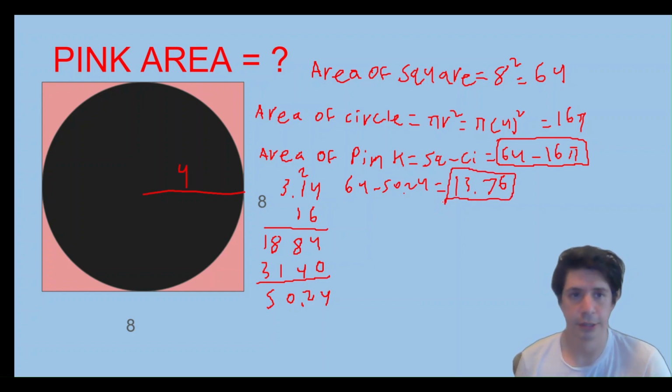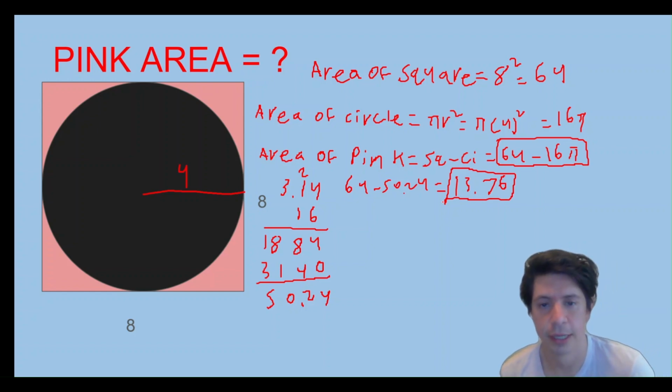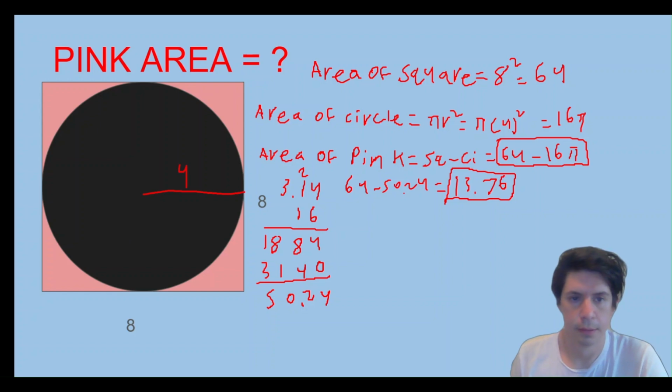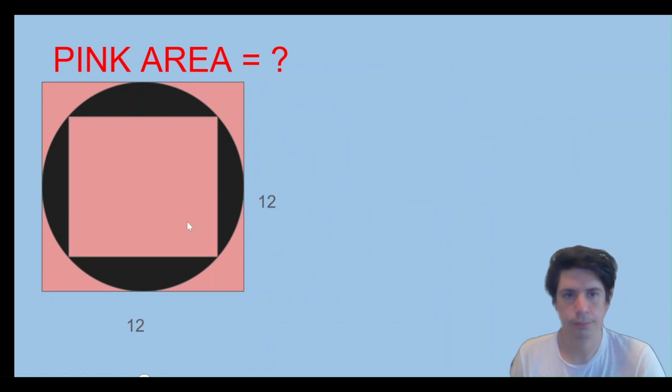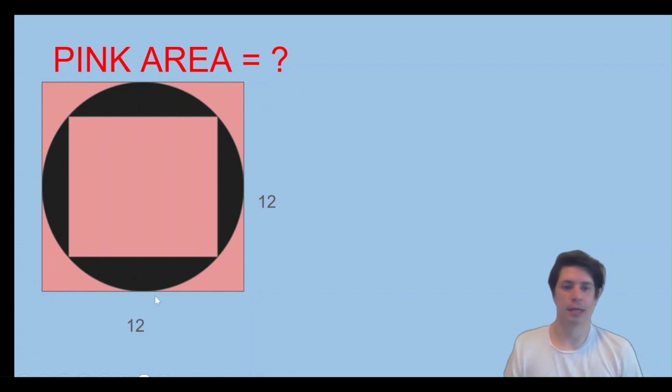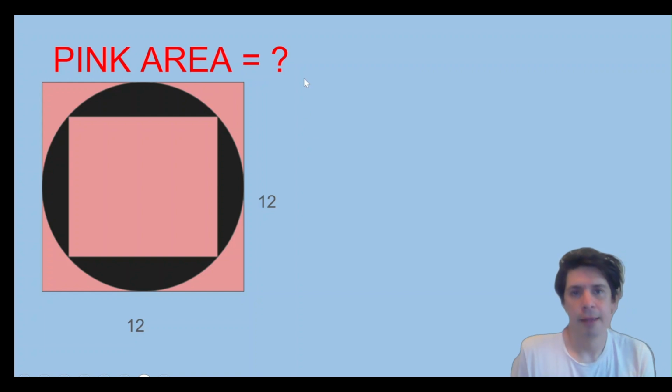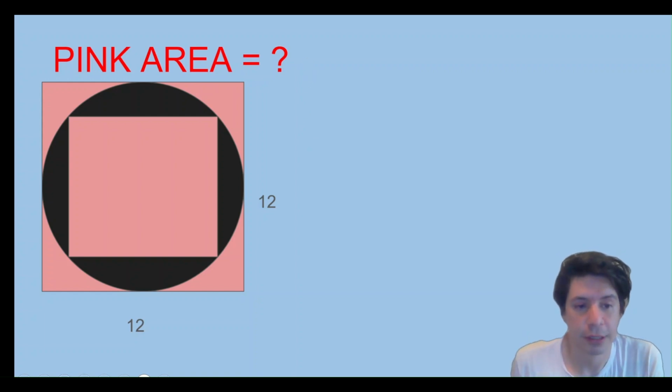All right, so now we'll go on to the next question, which is basically this question a little more complicated. Pink area. I already found the one outside, but the numbers are different. We're going to do 12 this time, and from 12 we're going to do the rest of it.